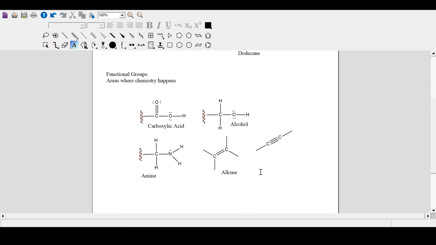And if you have one with a triple bond between two carbons, it's an alkyne. And if you have a carbon-carbon single bond, then that's called an alkane.